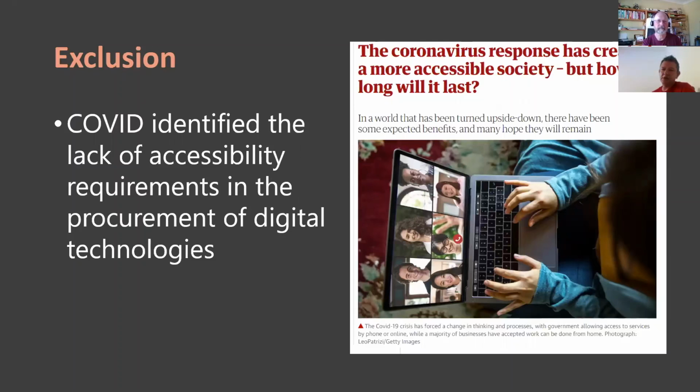Certainly AI Media reported that in the first 3 months of this year, their captioning services had doubled. So we have a real challenge here, but procurement could have resolved this at the outset. If we'd actually purchased accessible systems, then there wouldn't have been suddenly this big crisis of how we try and retrofit everything now to make sure it works so we can support everybody's access to digital communication.